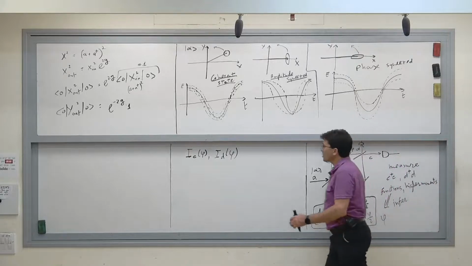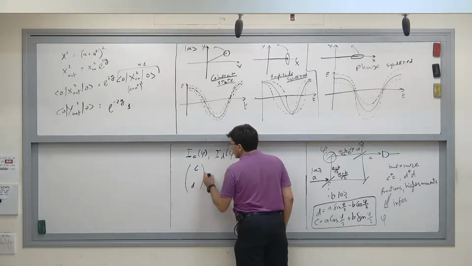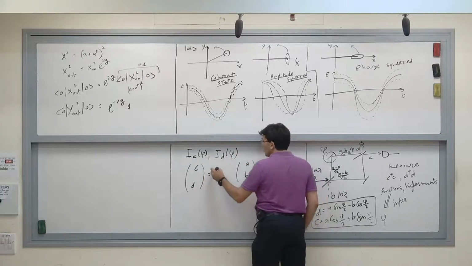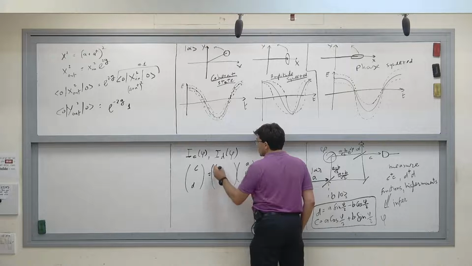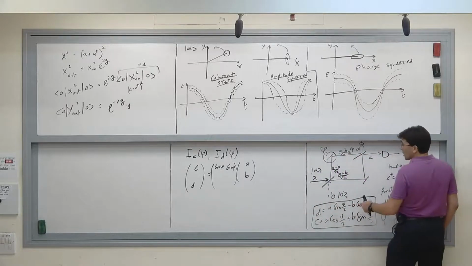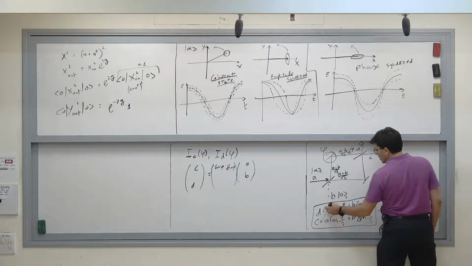Or we can say that in general, the modes C and D are related to modes A and B by a matrix, which is cosine phi, sine phi. Now here, I wrote it like that. Usually the relation is like this, plus here and minus there.